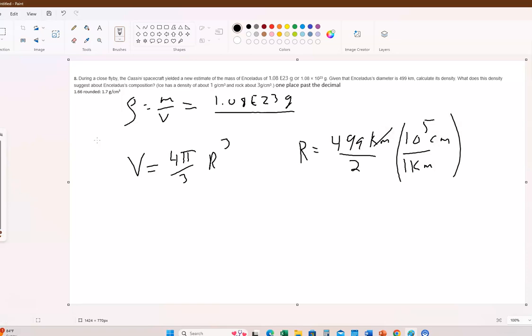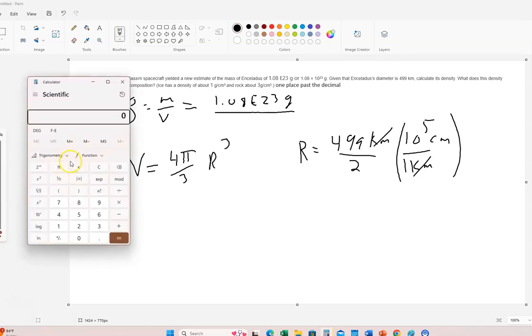So the kilometers will cancel. Let me get my handy calculator. First of all, 499 divided by 2. This is the radius, and then we say times 1 times 10 to the fifth.